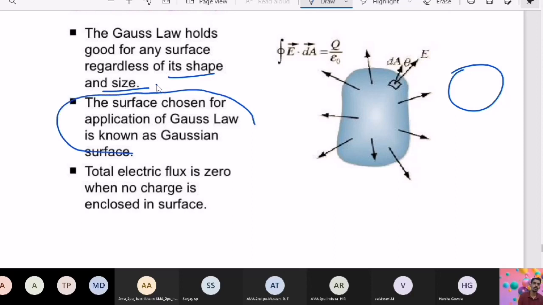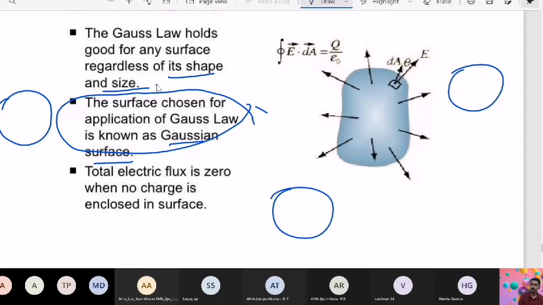That we will do later. What is a Gaussian surface? We will study later. Because we said there should be a closed surface, but sometimes they create questions without a closed surface. Then how to calculate? We will understand later.